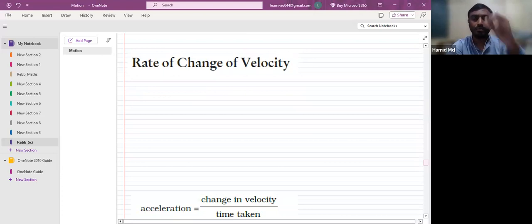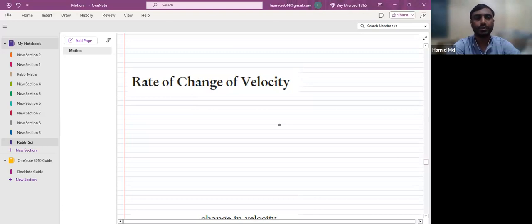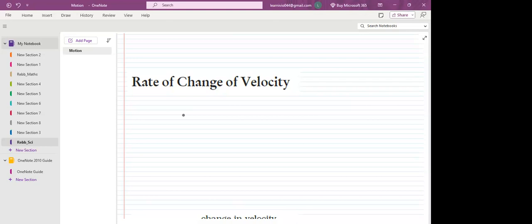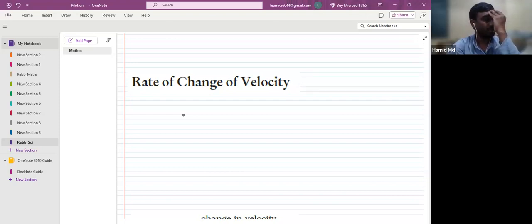Now we already know, and at some point of time we have already discussed, what is the rate of change of velocity. Rate of change of velocity is when the object changes its speed while in motion. Suppose we are moving from position S1 to S2, and there is a change of velocity.